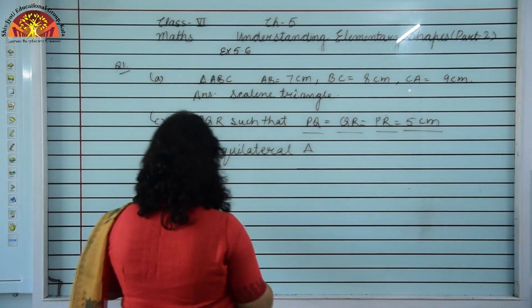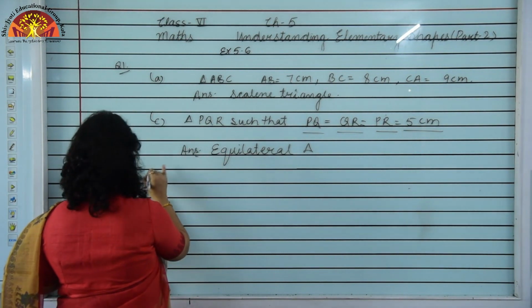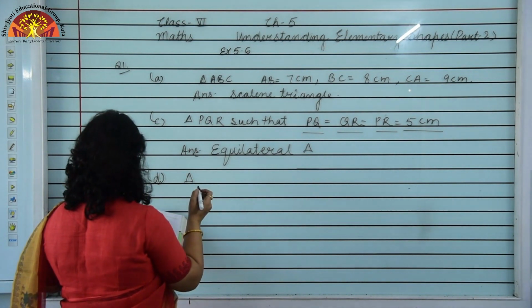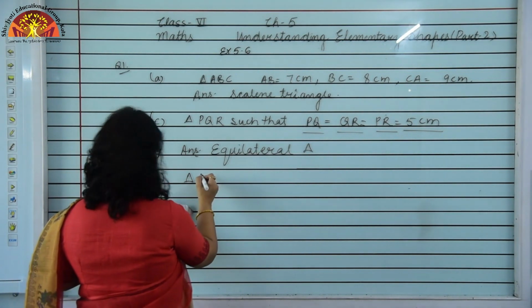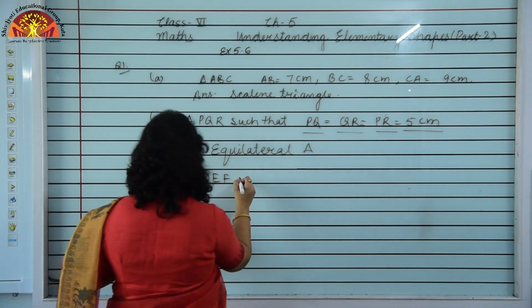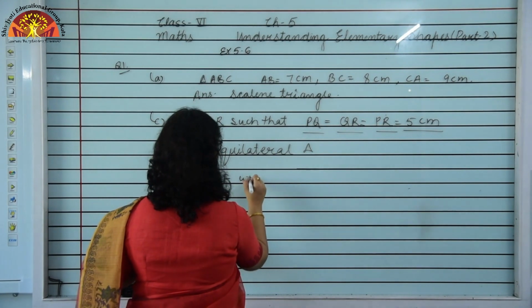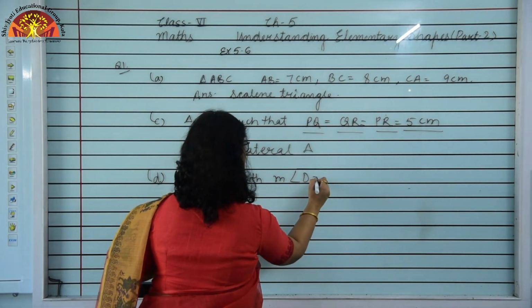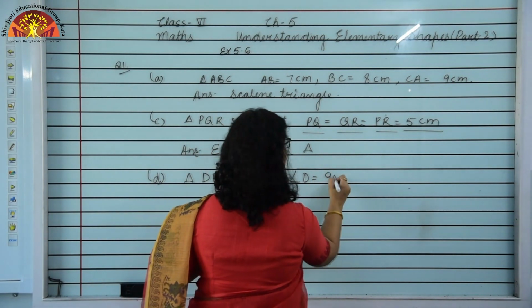Now in D part, triangle DEF with measurement of angle D equals to 90 degrees.